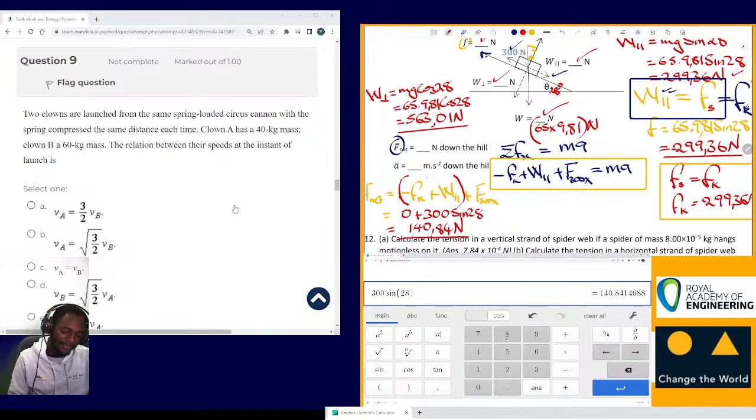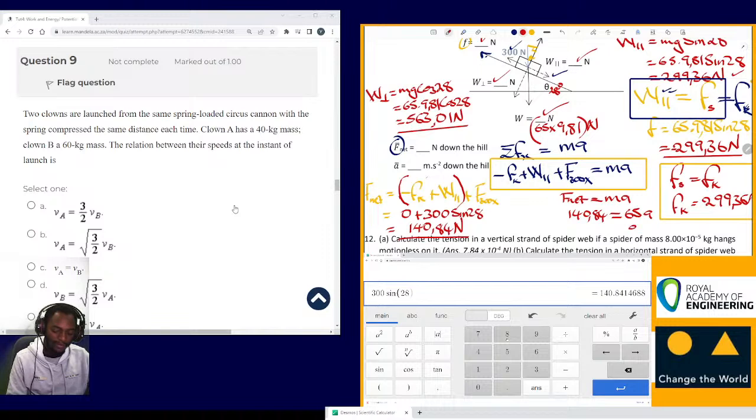Then getting acceleration shouldn't be a problem. Our F net is equals to ma. So our F net becomes 140.84 equals to our mass 65.